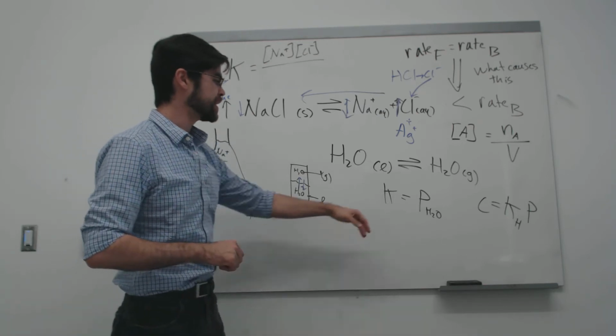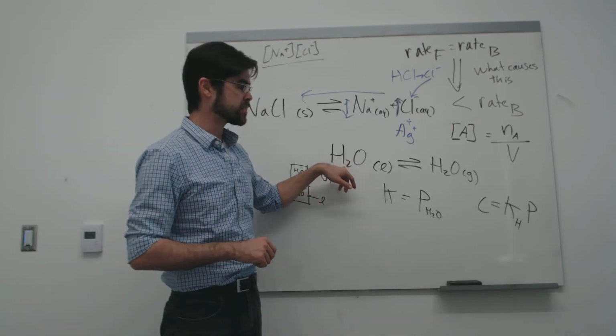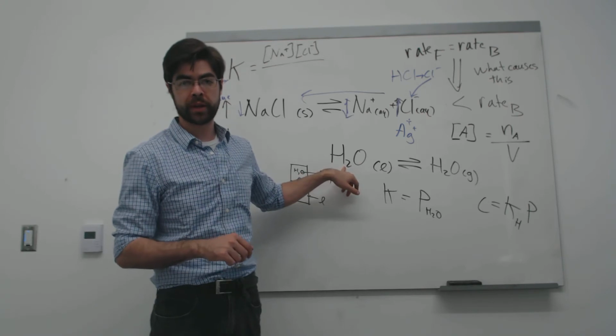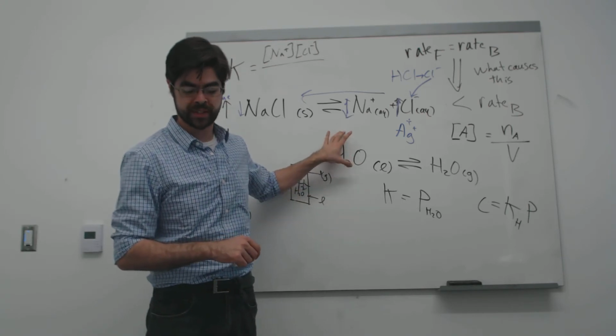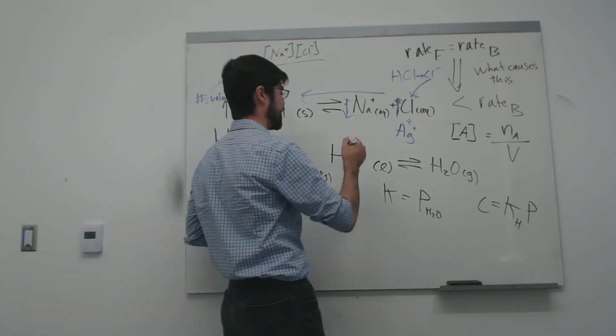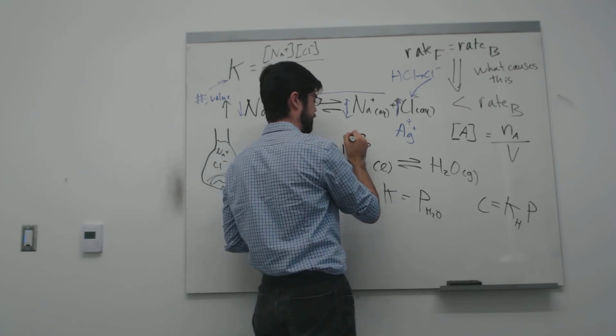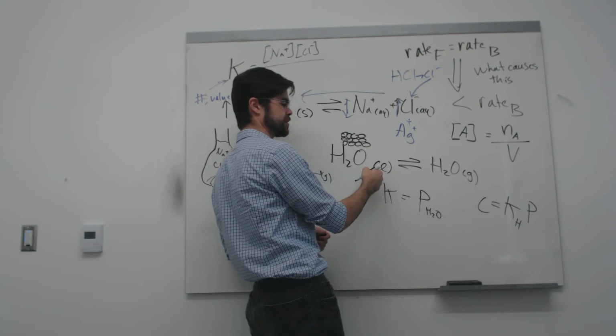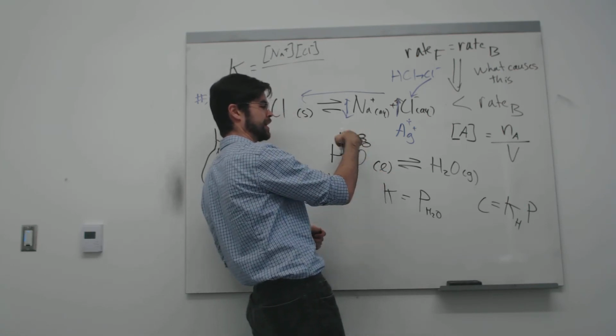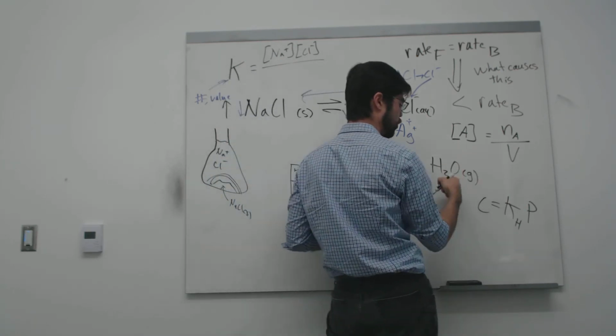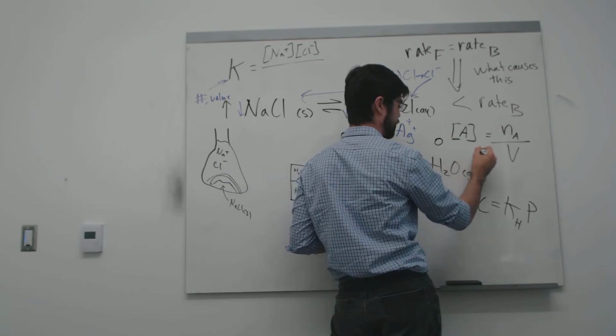Case in point, water has very strong intermolecular forces with itself. When it's in the liquid form, everything is tightly packed together. I can make a little picture of that, simply because I know it's a liquid and in a liquid everything's packed together. For water vapor, everything is separated.